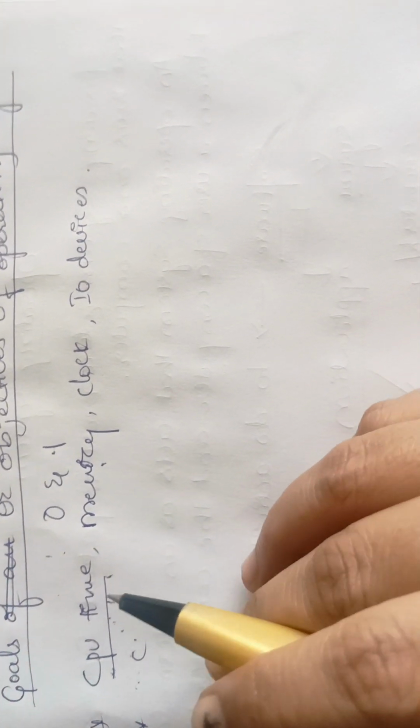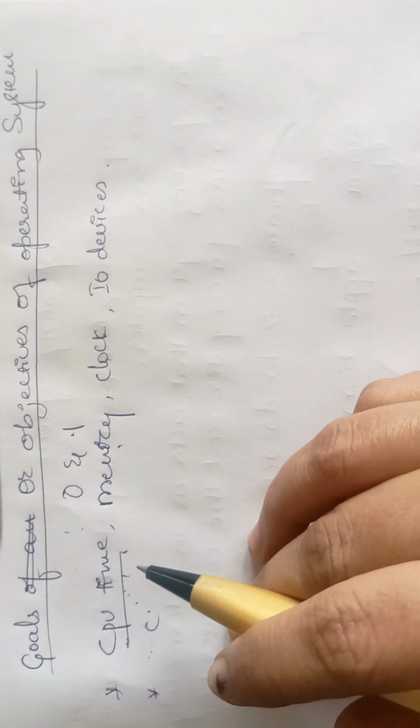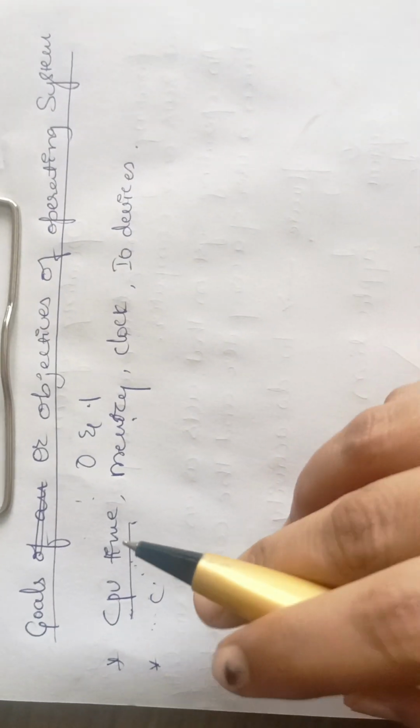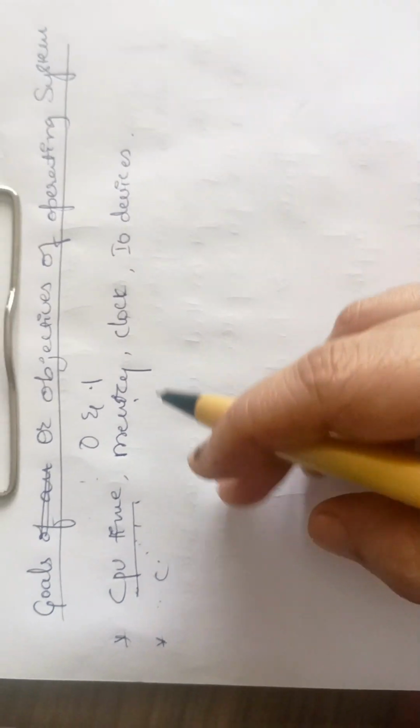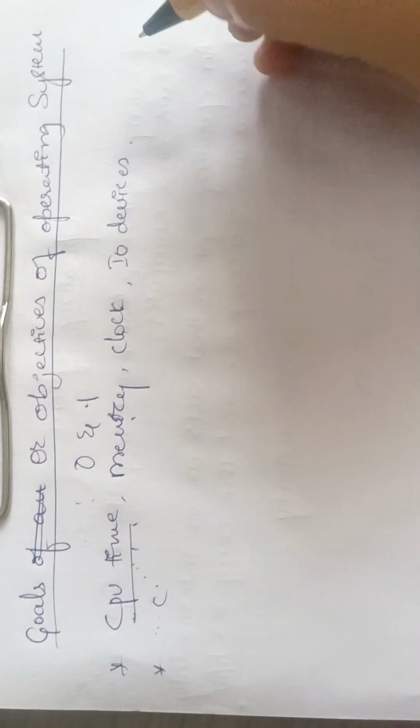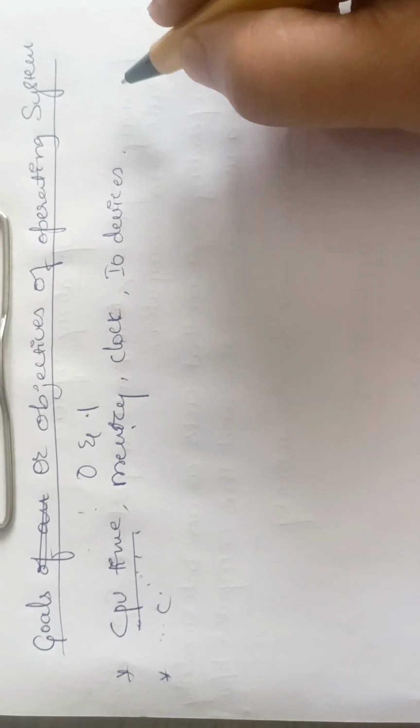So the operating system should provide an environment so that the application programs will work properly. Previously I said there are two types of software.